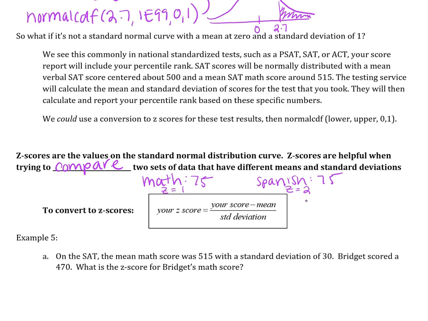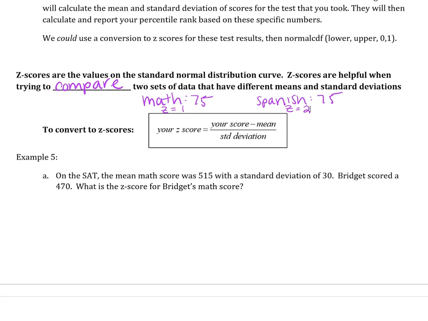So in order to convert z-scores, we do your score minus the mean on the test and divide it by the standard deviation. And that should make sense because it's how your score is in terms of standard deviations away from the mean. So let's say on the SAT, the mean math score was a 515 and a standard deviation of 30. Bridget scored a 470. What's her z-score?